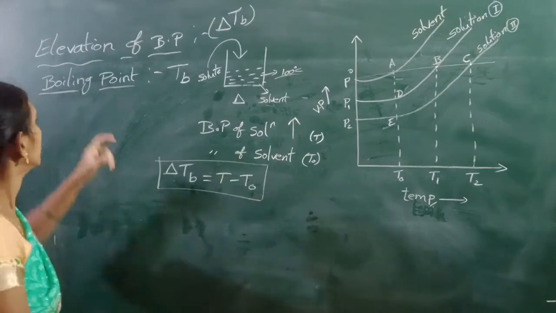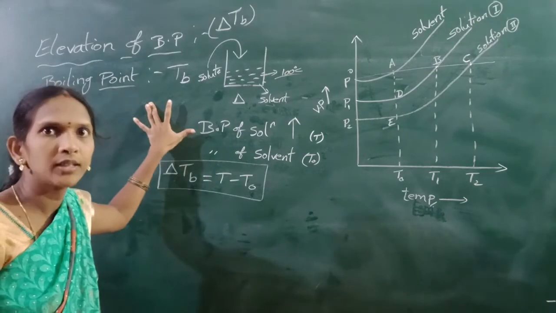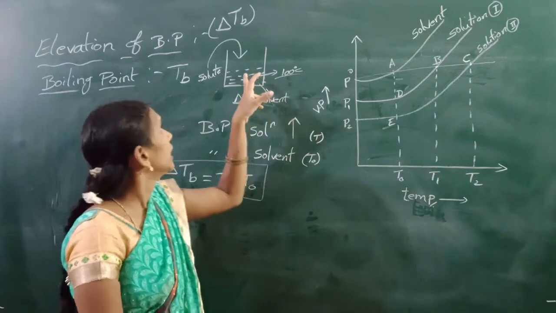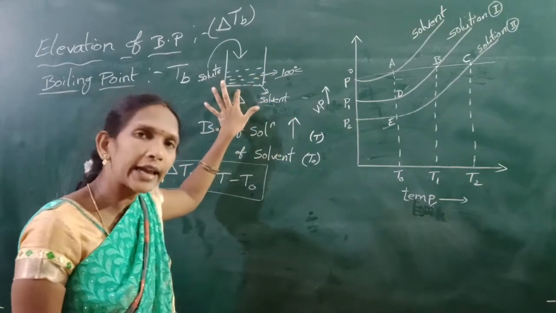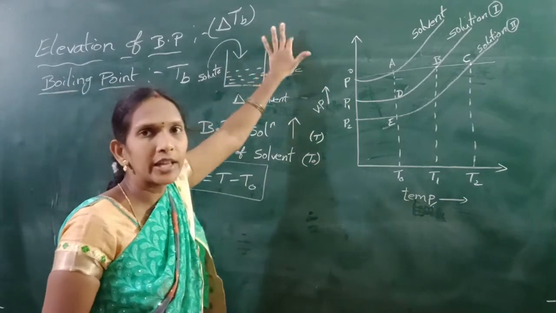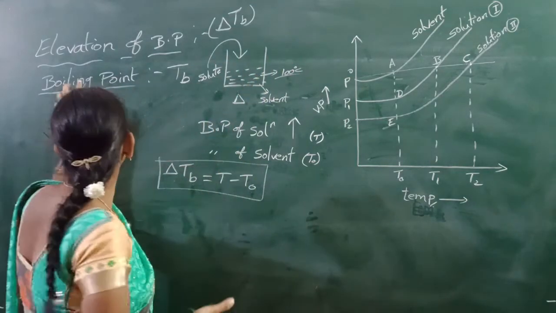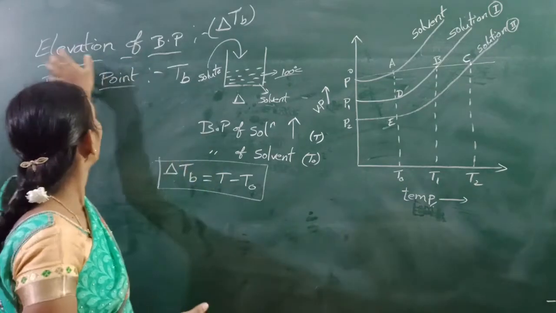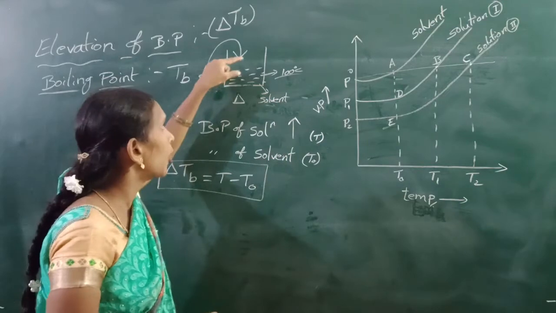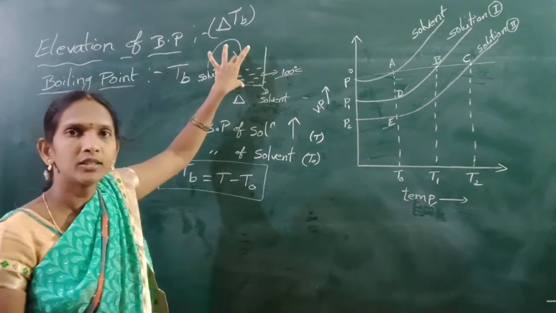What is boiling point? The temperature at which the solvent boils, when the vapor pressure is equal to the atmospheric pressure, is called the boiling point. And what is elevation of boiling point?